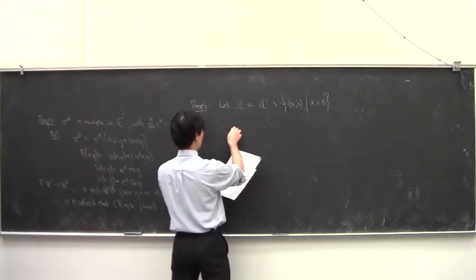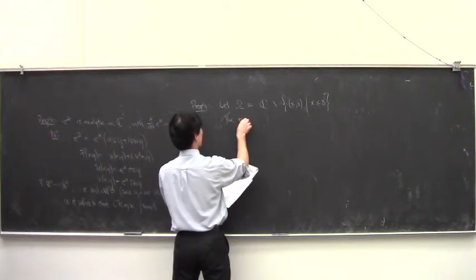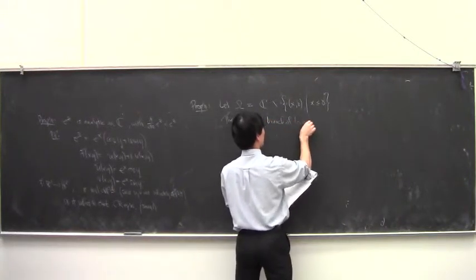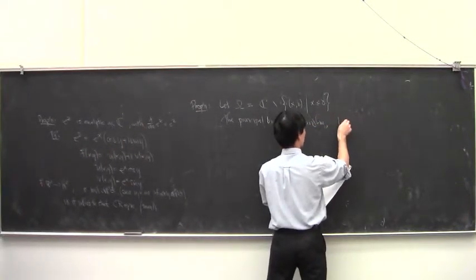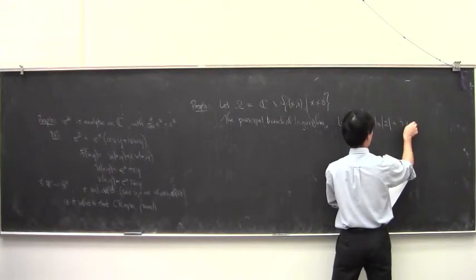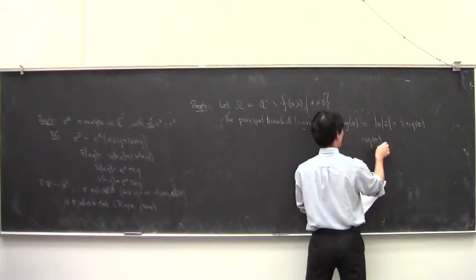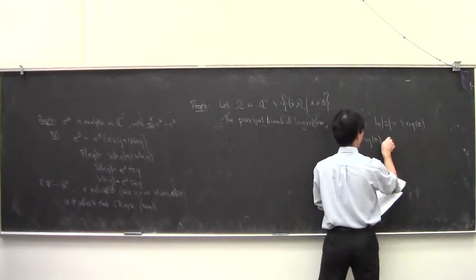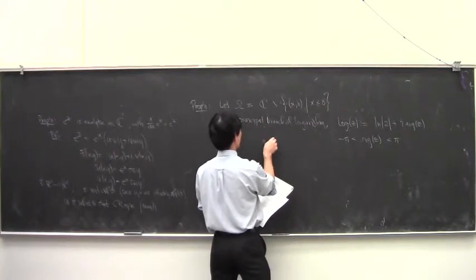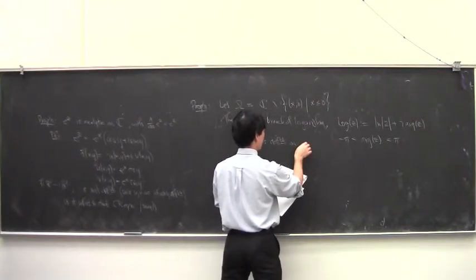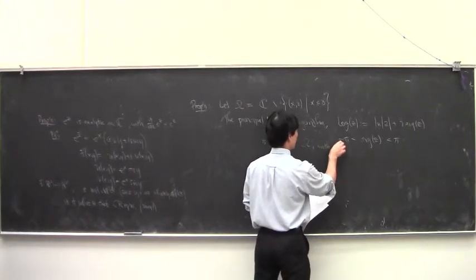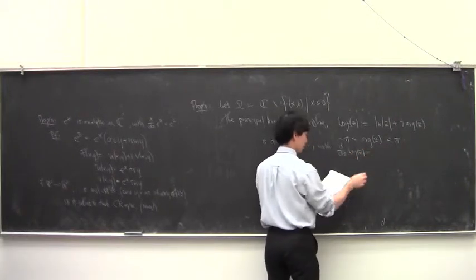Then the principal branch of the logarithm, log z equals natural log of the modulus of z plus i times the argument of z, where the argument is restricted to lie between negative pi and positive pi, is differentiable on omega, with the derivative of the log being 1 over z.